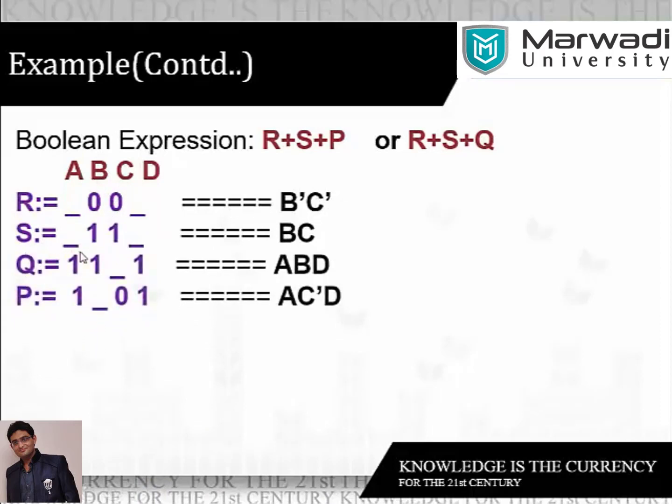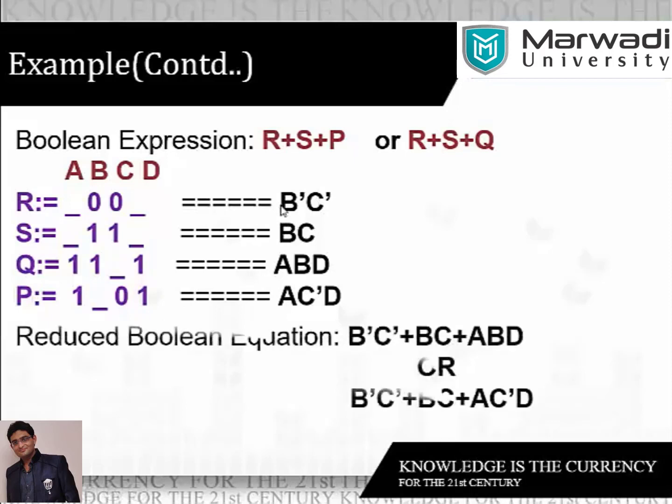Similarly, S is dash 11 dash, that is BC. Q is 1 dash 11, that is ABD. P is A C bar D. And the final Boolean equation, which would be our reduced Boolean equation, would be equal to R plus S plus P, that is B bar C bar plus BC plus A C bar D, or R plus S plus Q, that is B bar C bar plus BC plus ABD.